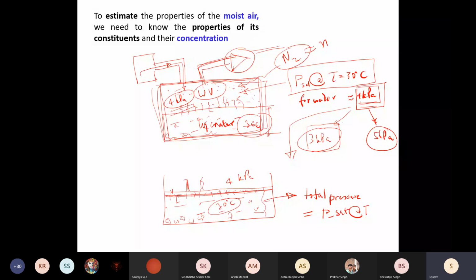Then you will see that the phase change occurs throughout the bulk of this liquid. So right now, if your total pressure is 4 kPa, in case you do not have any non-condensable, okay, it is just pure water vapor above the liquid water. Any slight reduction in vapor pressure will lead to vigorous boiling in the liquid column.